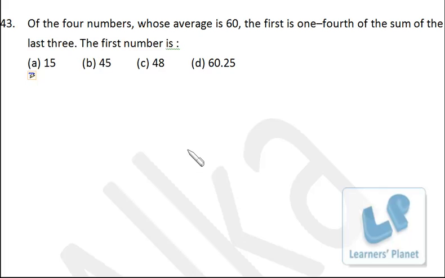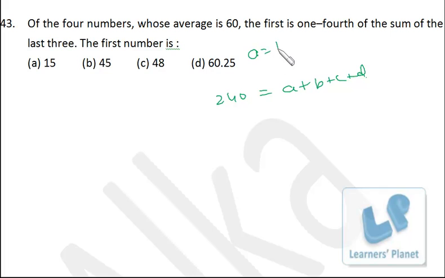Now this problem, again very simple. Of the four numbers whose average is 60, the first is 1/4 of the sum of the last three. The first number is. So four numbers' average is 60, that means total is 240. Suppose the four numbers are A plus B plus C plus D. So the sum of these four numbers is 240. Now the first is 1/4 of the sum of the last three.